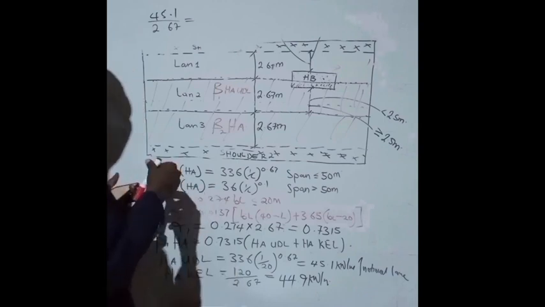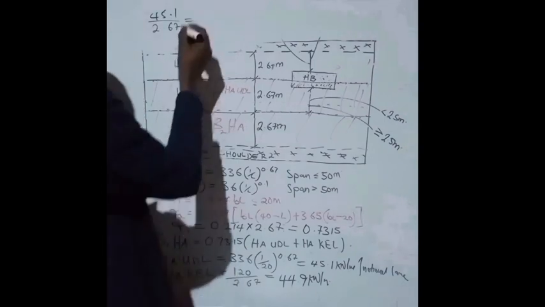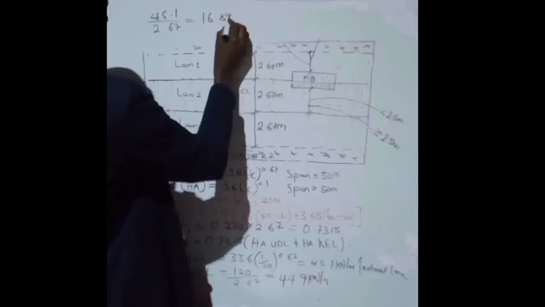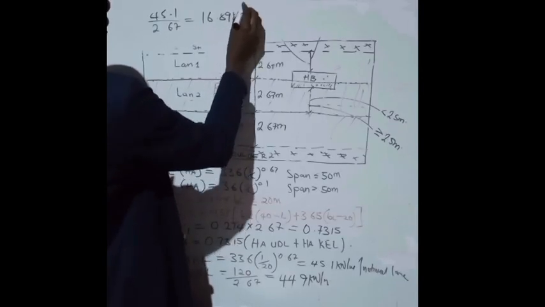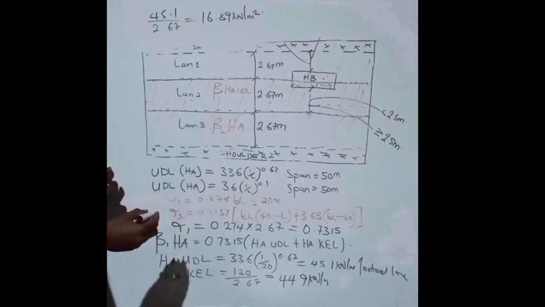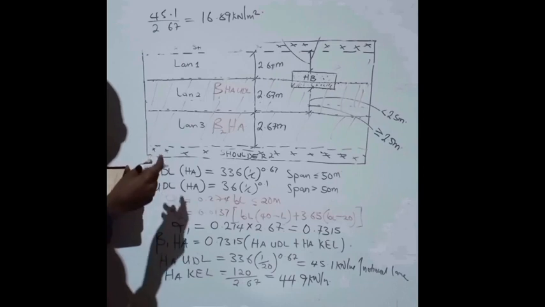If we do that, we're going to have 16.89 kilonewton per meter square. Okay, so this is what we have per national lane.